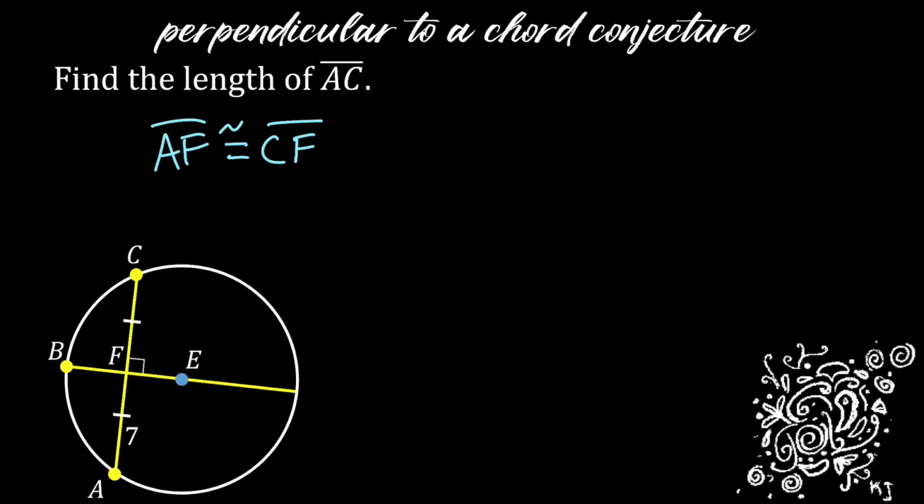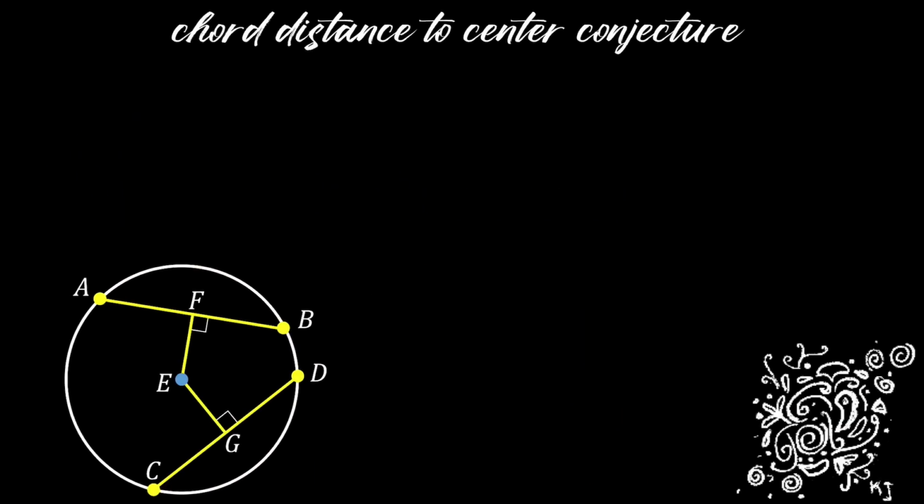And since the measure of segment AF is 7, the measure of segment CF must be 7. Since we're looking for the length of segment AC, it's going to have to be 7 plus 7, which is 14. And then it's units. We don't know what the units are on this situation. That's our example for perpendicular to a chord conjecture.